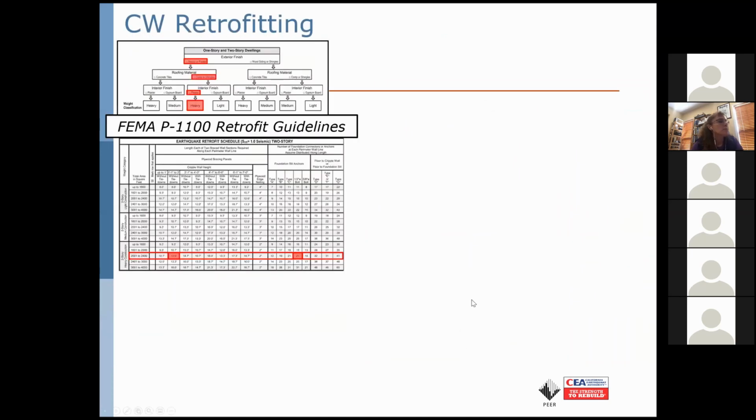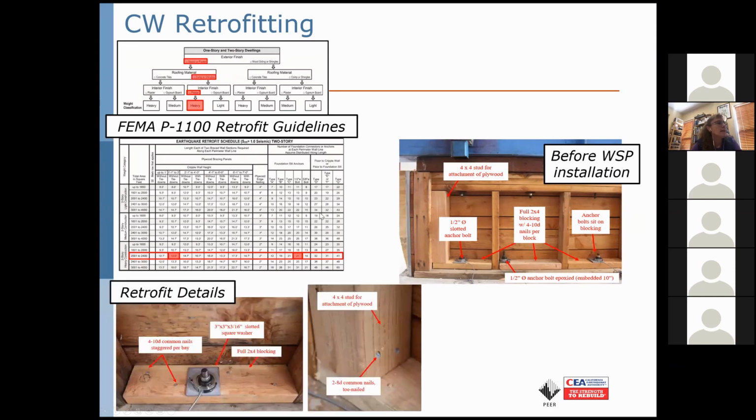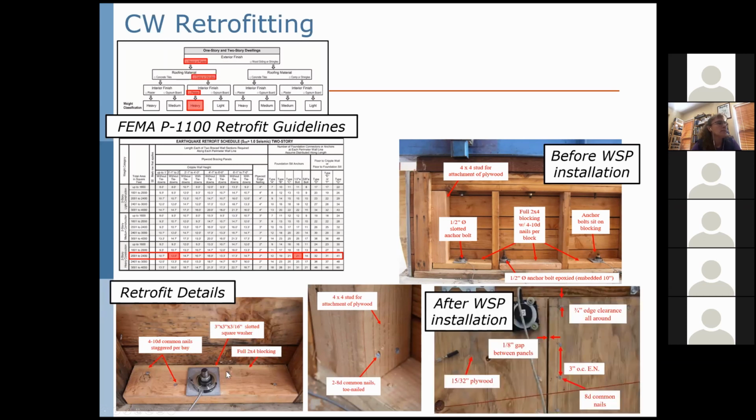Retrofitting followed the plans that were near completion at the start of this program, namely the FEMA P-1100 retrofit guidelines that Kelly spoke about this morning, involving, of course, installing wood structural paneling. You can see some of the detailing here.